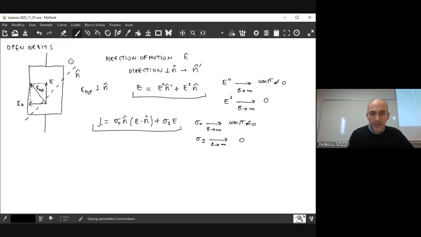So as a first step, let's try to find an expression of the density current that combines the equation for E and the equation for J. So we have that J is equal to sigma 0 n, then the scalar product of n with E0 n prime plus E1 n, plus sigma 1 applied to E0 n prime plus E1 n.